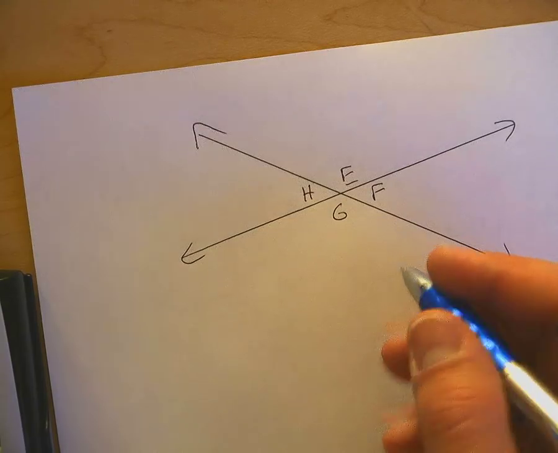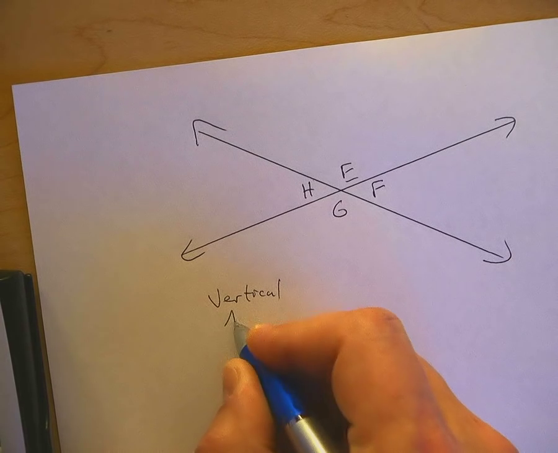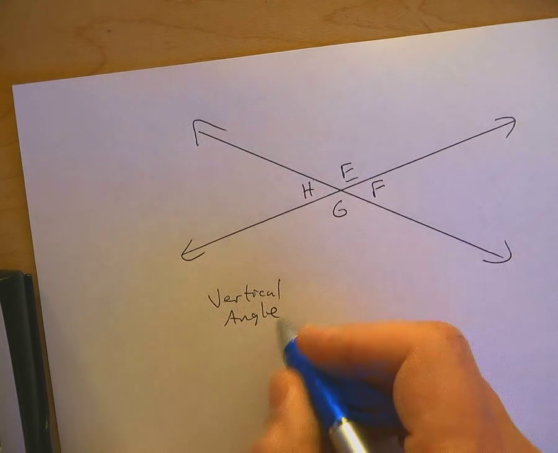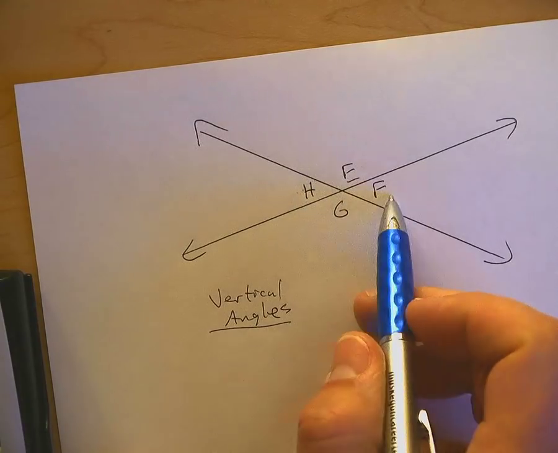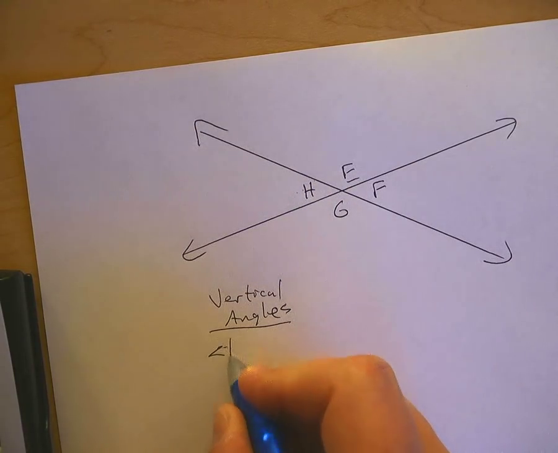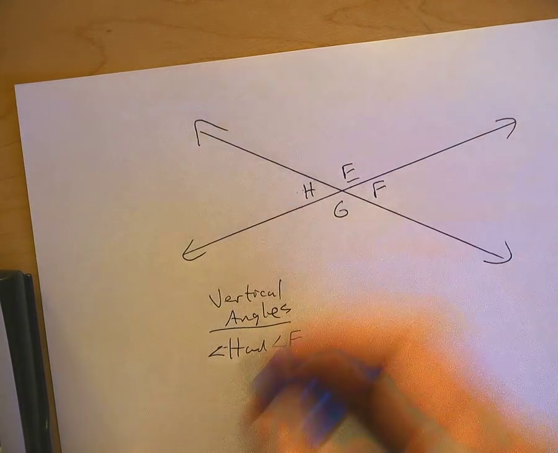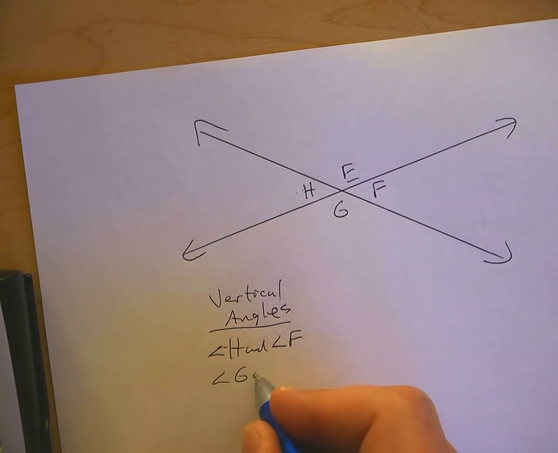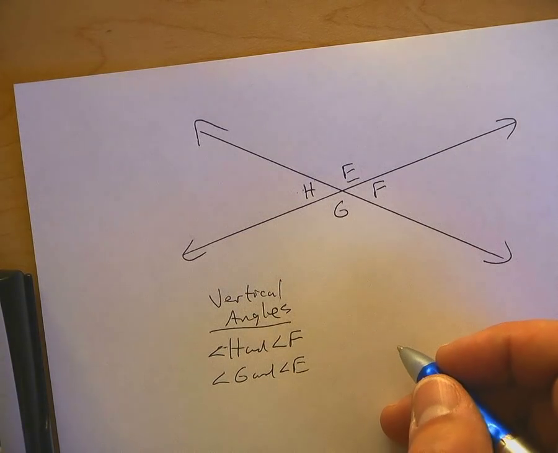Now, first of all, let's list the vertical angles. Vertical angles are across from each other. So I have angle H and angle F. Those are vertical angles. And angle G and angle E. Those are vertical angles. Okay, what angles are supplementary?